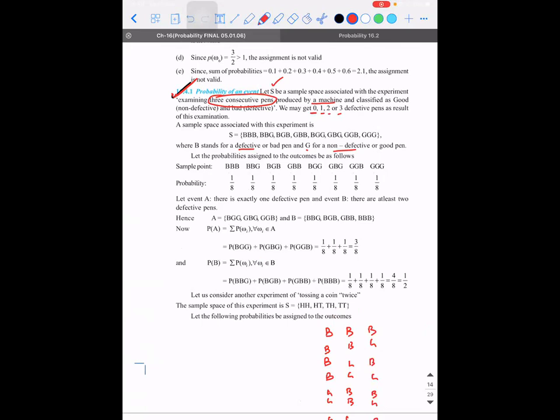Now comes the question. What is the probability of getting all pens to be bad?